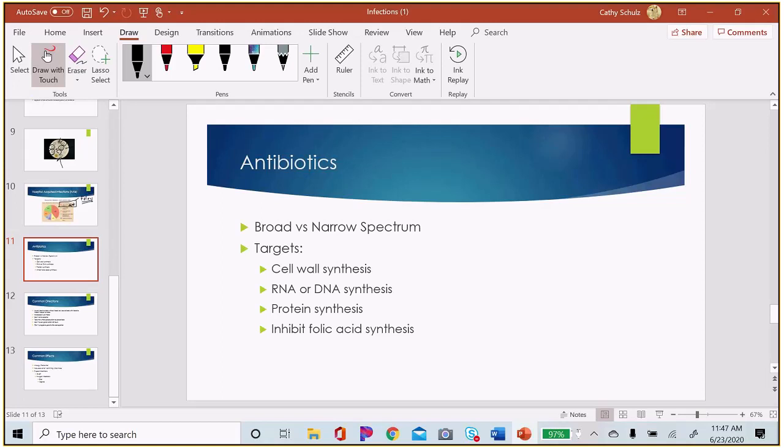But antibiotics can be described as either broad or narrow spectrum. Broad spectrum means they can kill multiple types of bacteria, and narrow means they are only for a select type of bacteria. Most are broad; there are only a couple narrow ones.